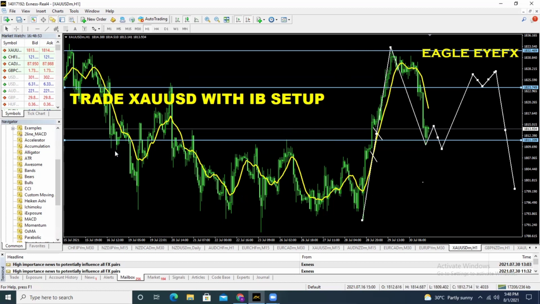So also on my chart, I have 10 days simple moving average. This 10 days moving average is just a moving average that follows price action. Do you get that? I use it to know whether market is in an upward trend or downward trend. If it is going up, it's in an upward trend.